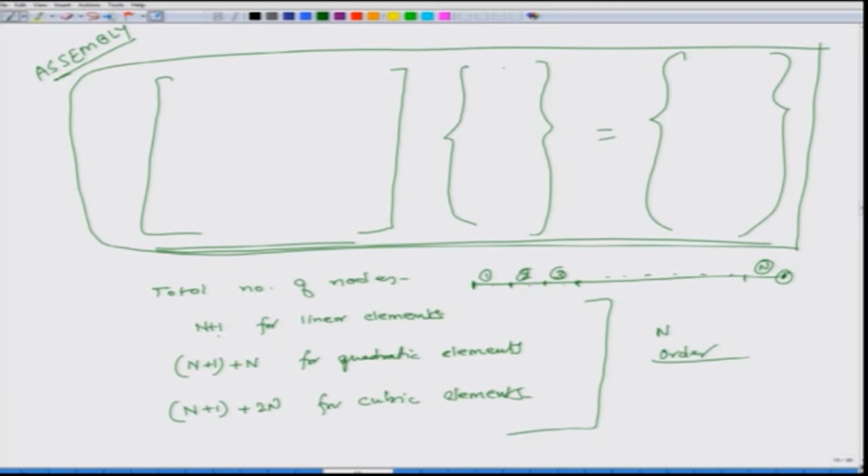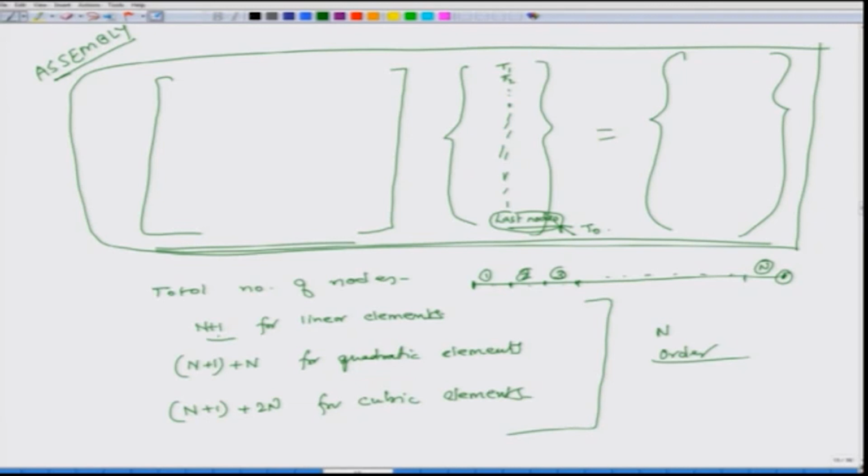This is a column of all the temperatures: T1 for the first node, T2, and so on up to n plus 1 nodes for linear elements, or 2n plus 1 for quadratic elements. So this is the last node. I put in this vector, it will not be unknown now, it is known, and its value is T0.